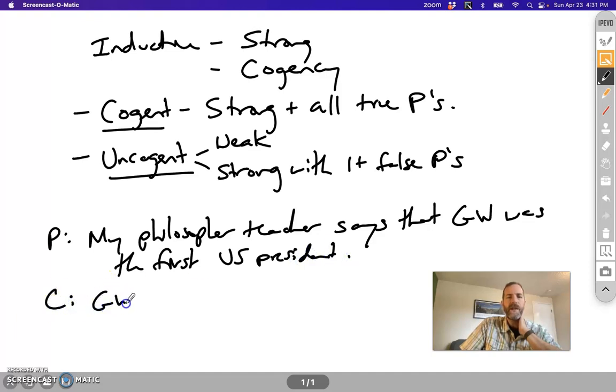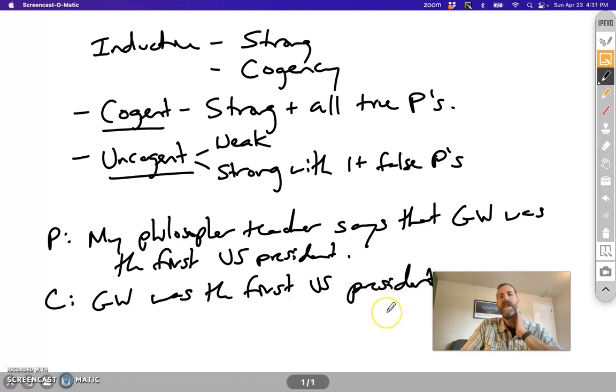Therefore, George Washington was the first U.S. president. Okay, so this argument is weak because it's an appeal to authority. What the conclusion is saying is that this conclusion is likely true because of where I got my information from about George Washington. I got my information from my philosophy teacher.